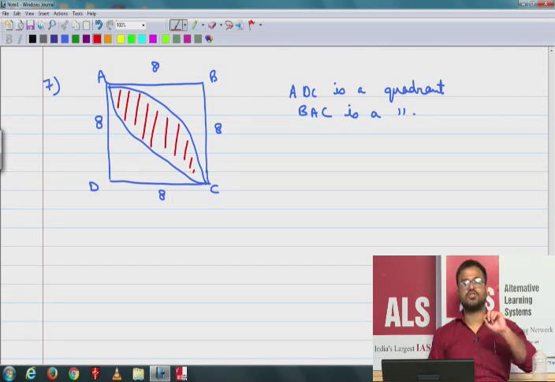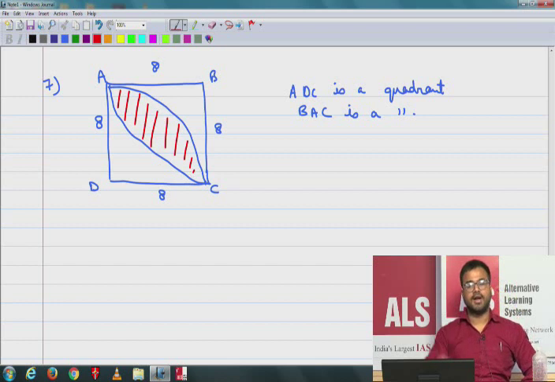These are the two quadrants, or you can say the arc AC has been made by taking D as the center and arc AC by B as the center. By taking D and B as the center, we have drawn two arcs.